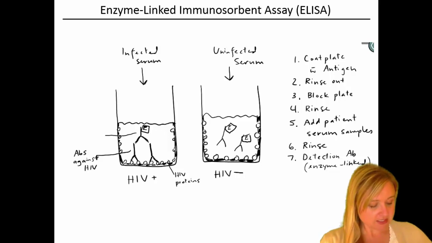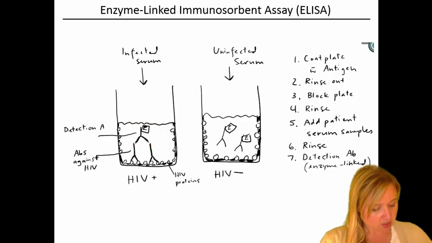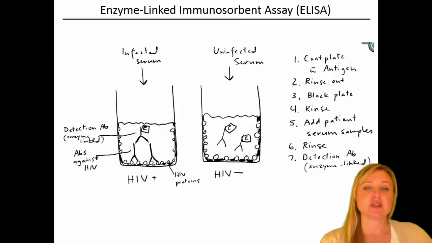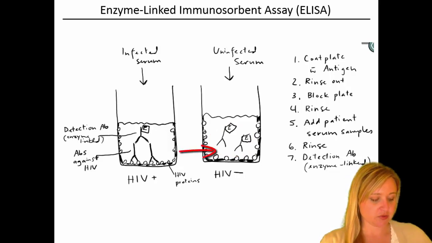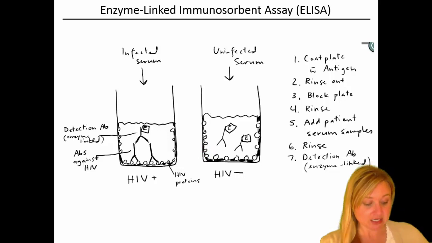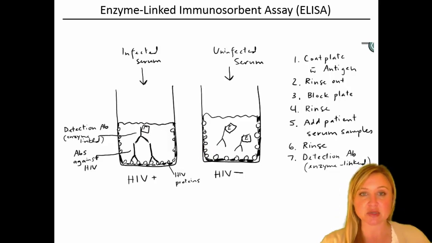So over here in our infected sample, we have that detection antibody that has now bound to the patient antibody. Those enzyme-linked antibodies are also going to go into our well with the uninfected sample. But you notice there's no antibody there for those detection antibodies to bind to. The detection antibodies recognize the Fc portion of antibodies. And because there were no anti-HIV antibodies in that patient sample, there's nothing for the detection antibodies to bind to.